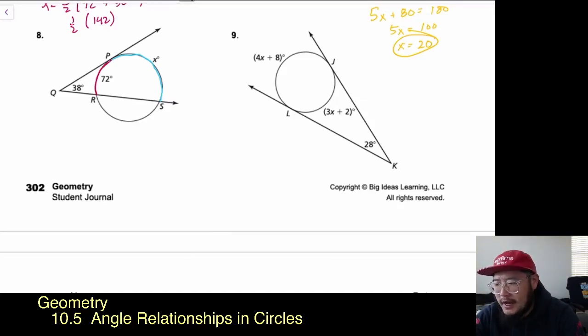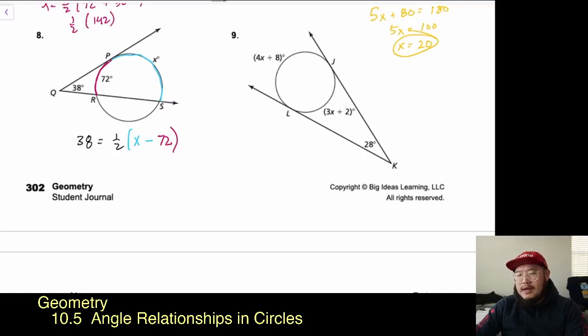So the measure of the angle, now this time we don't know what the outer arc is, so we're going to put that in our equation. We know the measure of the angle is 38. That is equal to 1/2. Let's go ahead and put the outer arc being x. And then don't forget minus the inner arc, which is 72.